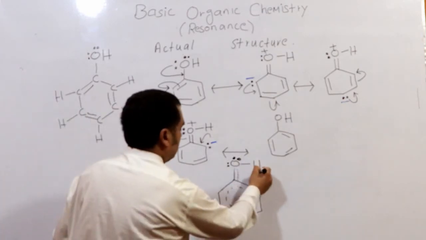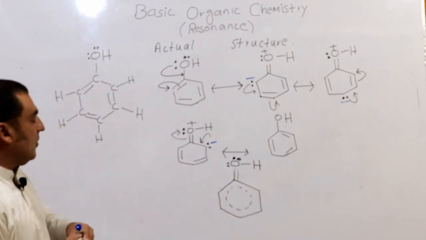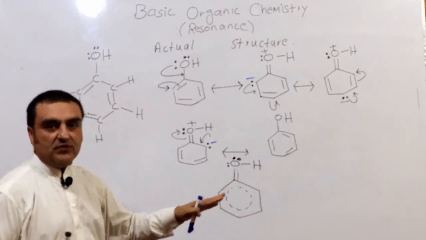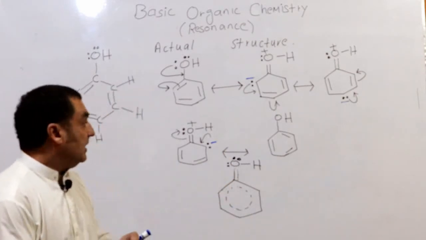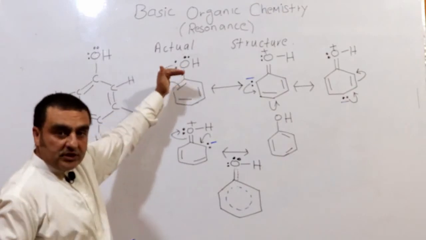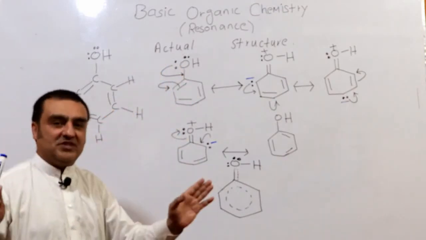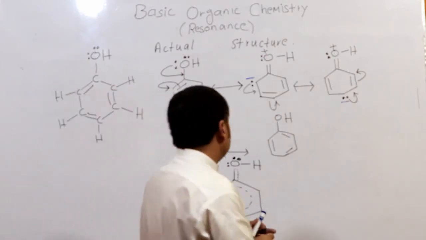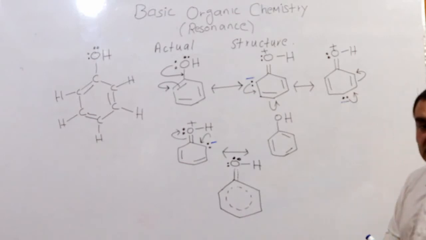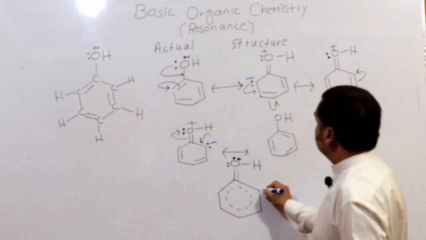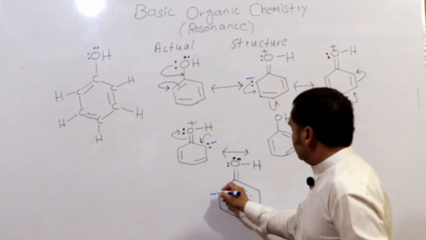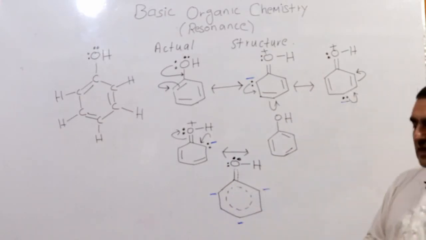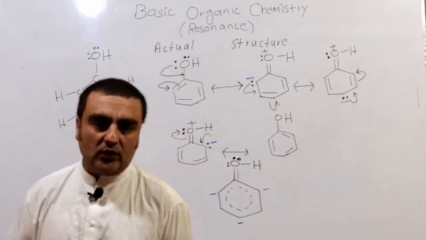Now the oxygen of this phenol is not very basic, because some of its electron cloud, not all of it, is shifted to the ring. But in the ring, as you see, the three positions are a little bit negative. This position, and this position, they are negative. So they say that that's how.